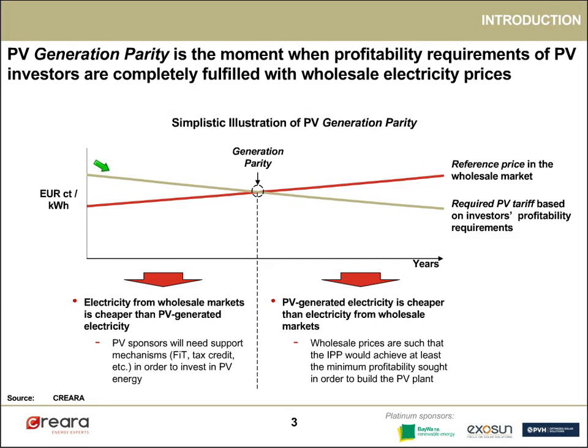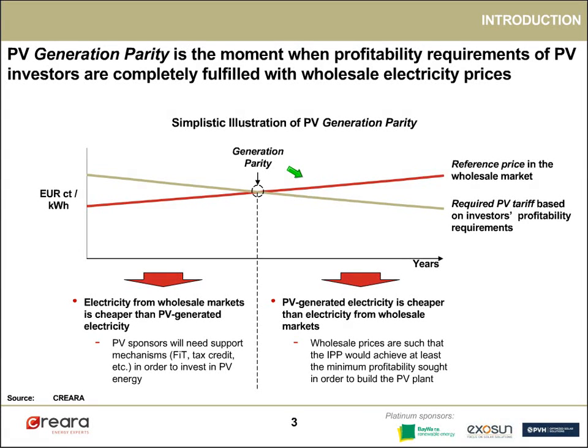This has been calculated as being represented as the green line here on top as the required PV tariff. This tariff is lower than the reference price in the wholesale market.